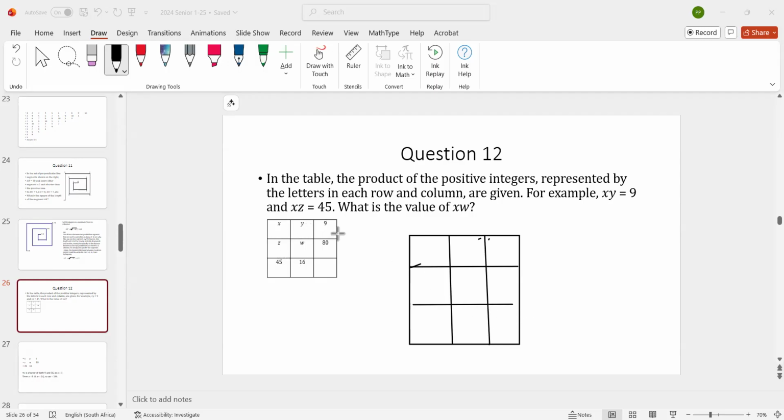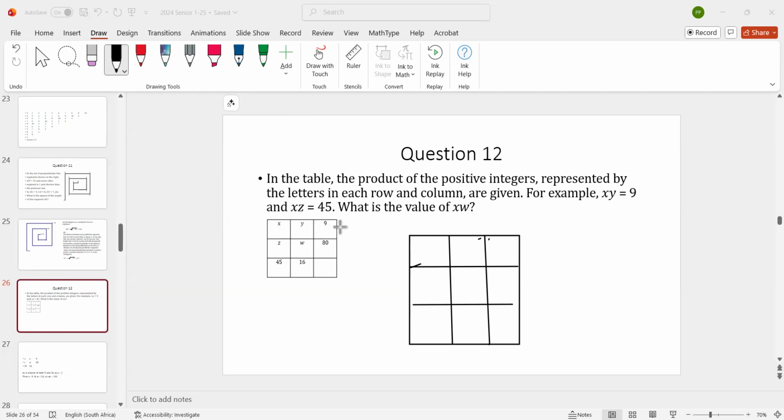X, Y, and 9. So it says here that the product of the positive integers represented by the letters in each row are given. For example, X times Y equals 9. X times Z is equal to 45. Y times W is 16, and so on.